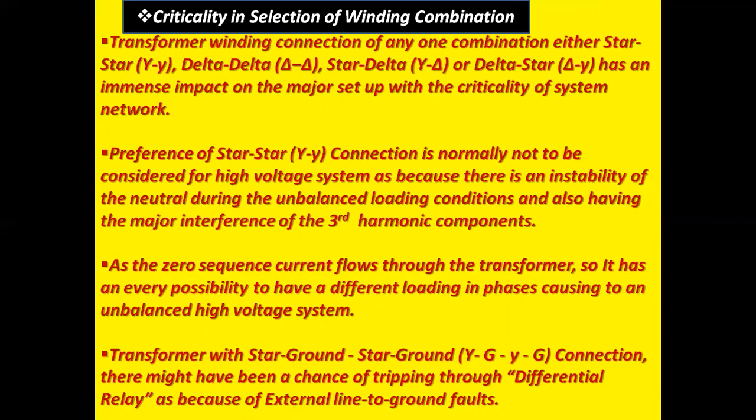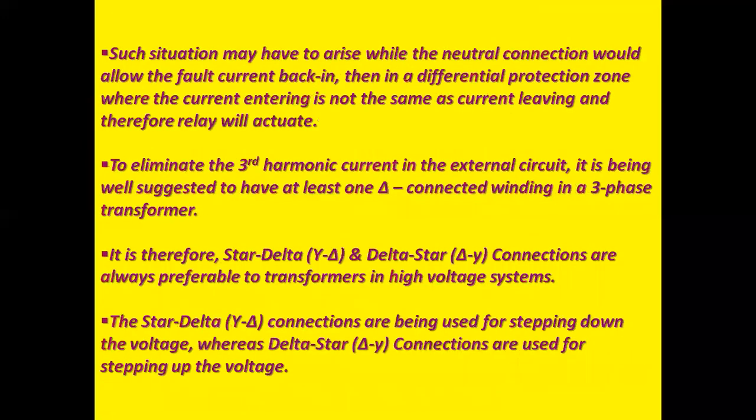In transformers with star ground connections, there might be a chance of tripping through differential relay because of external line to ground faults. Such a situation may arise when the neutral connection allows the fault current back in.